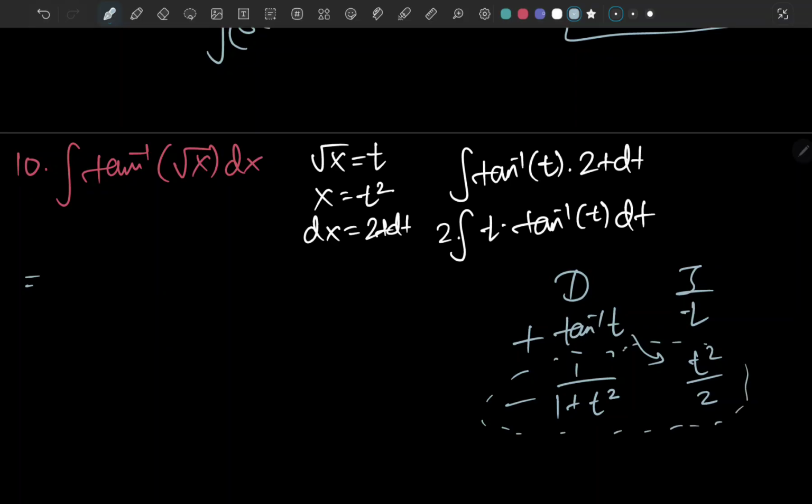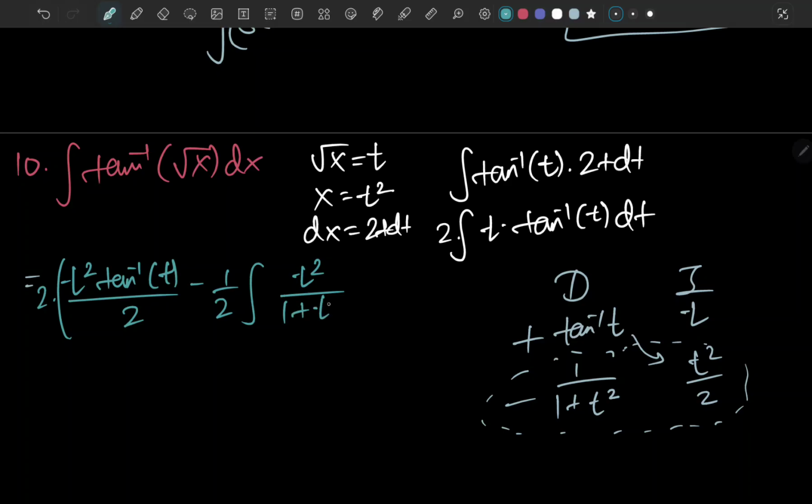So yeah, we come across t squared times arctangent of t over 2. Again, 2 is being multiplied to the whole thing, don't forget, guys. And with a minus 1 over 2 factored out with the integral of t squared over 1 plus t squared dt, right?